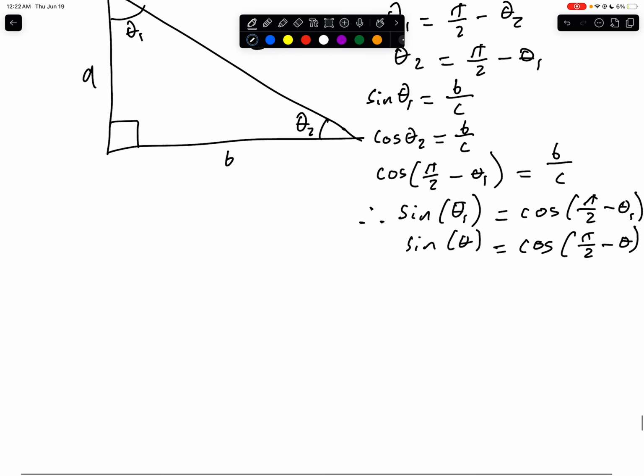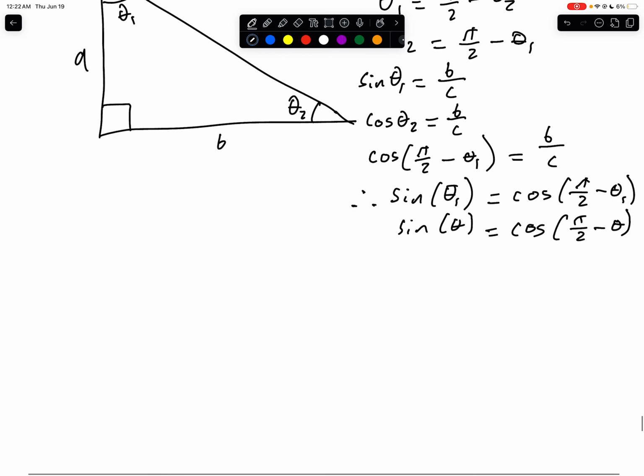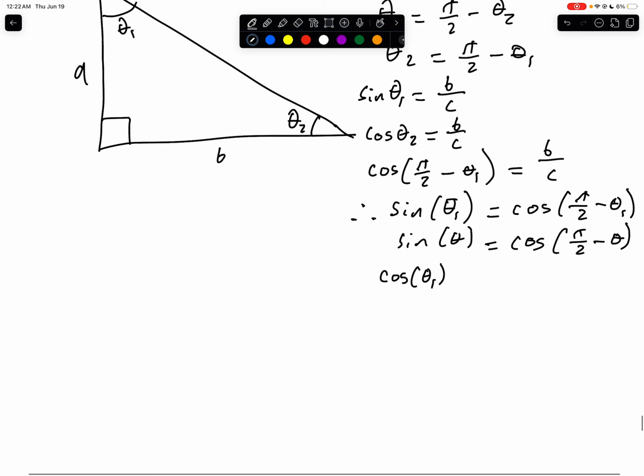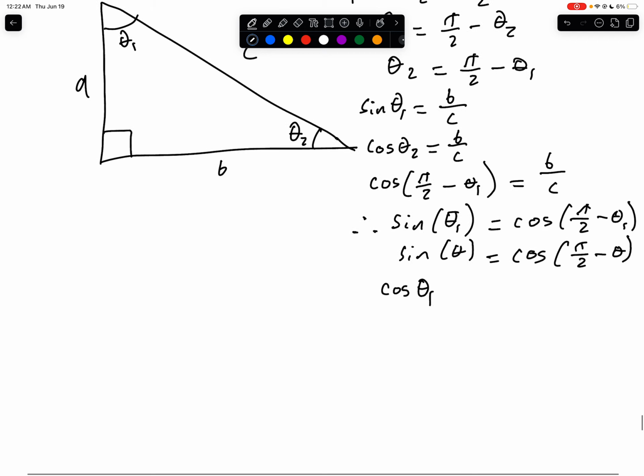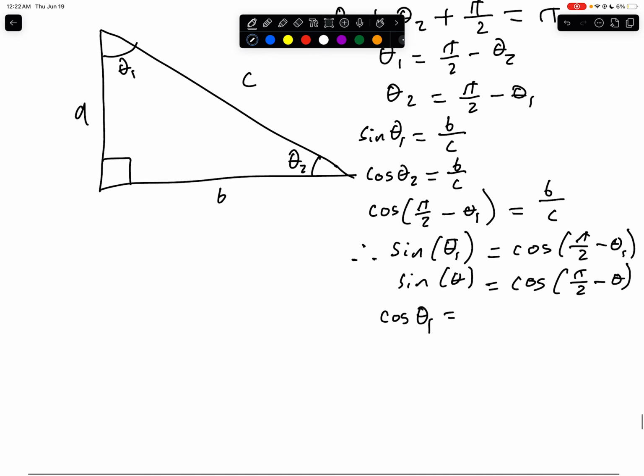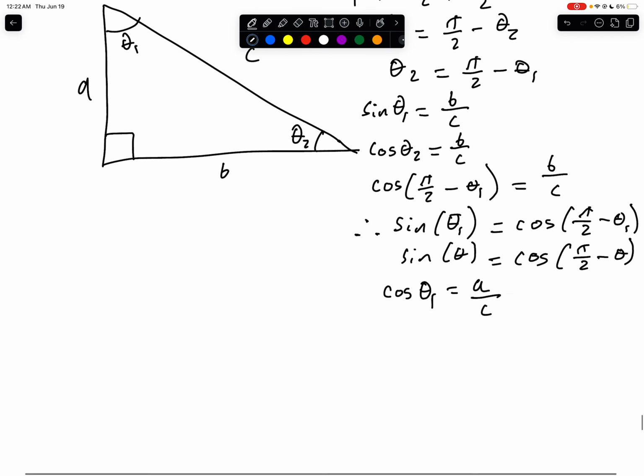Okay, let's do this now. Let's say cosine of theta 1 is just adjacent over hypotenuse, so that's a over c. But I see here that sine of theta 2, opposite over hypotenuse, is also a over c.